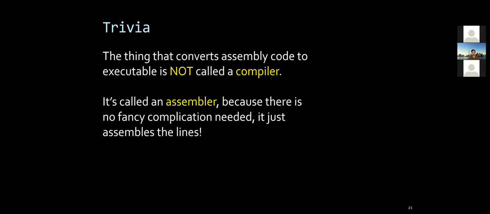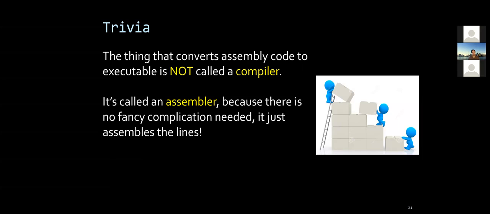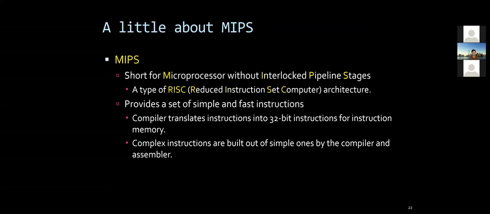A compiler, as you will learn later on, does some sophisticated optimizations on the intermediate representation that you hopefully learn in more advanced courses. But the assembler works like assembling the lines. The mapping here is trivial. You just have each line map to a 32-bit blob using some tables. So that's a very straightforward process, and it doesn't require a fancy compiler.